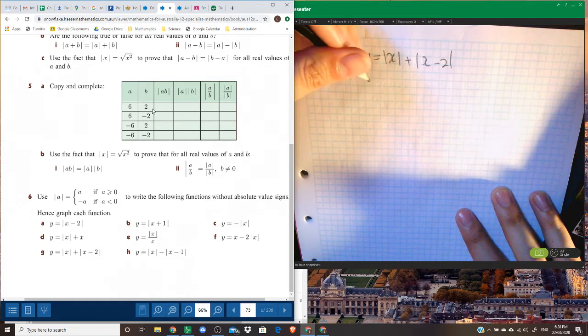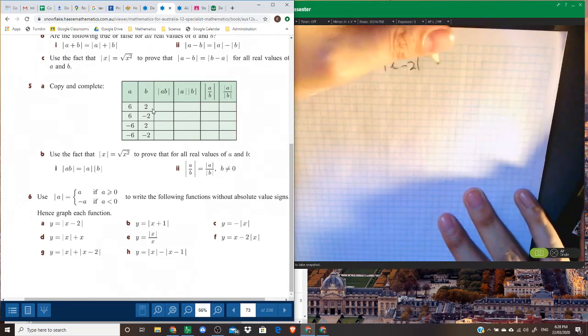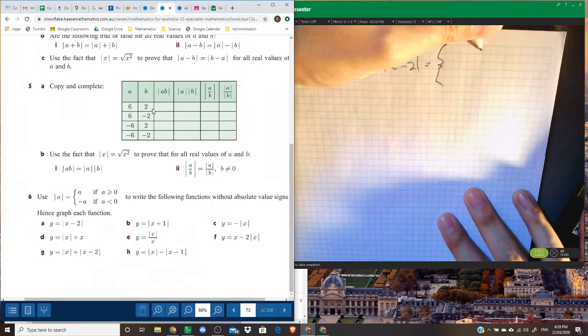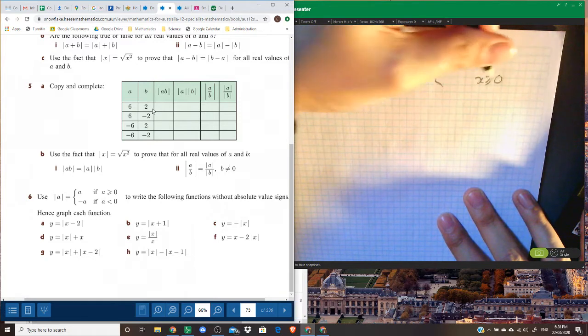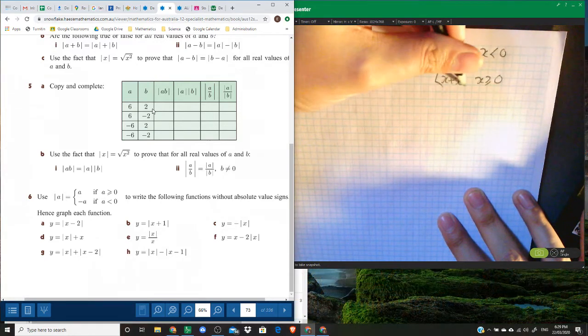Let's express that in terms of 2 parts. If x is less than 0, we have minus x, and then minus bracket x minus 2. Which I'll simplify on the next step. And then if it's positive, then we have x plus x minus 2.